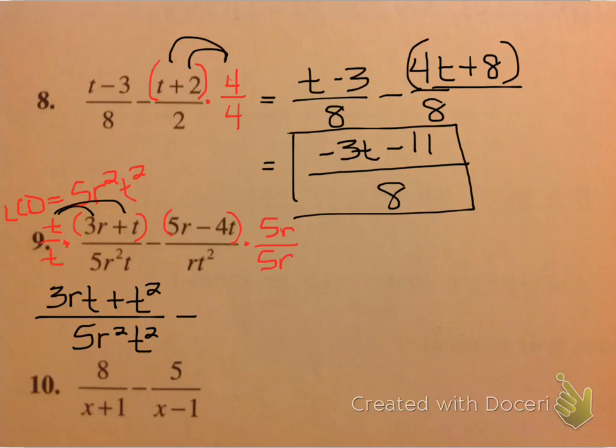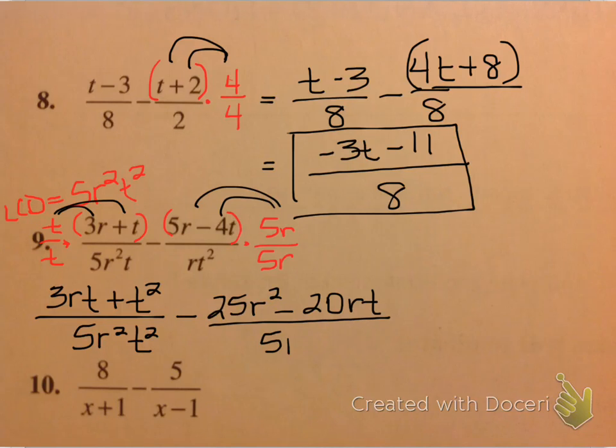And now if I distribute my 5r into my second fraction, I'm going to have 25r squared minus 20rt all over 5r squared t squared. And again, remember that we are subtracting that entire quantity.